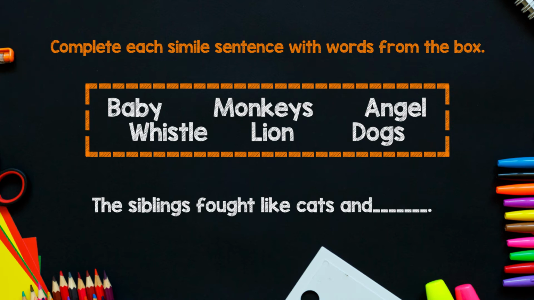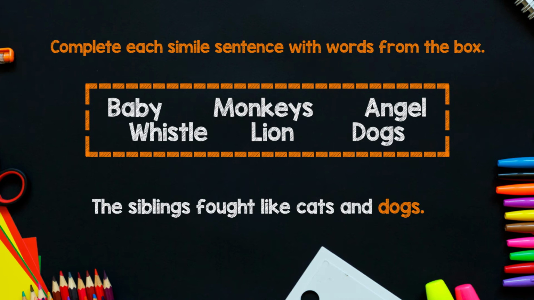Number 2, the siblings fought like cats and. What might you put in there to complete that simile? If you inserted the word dogs, then you are correct. So, your sentence should read, the siblings fought like cats and dogs.